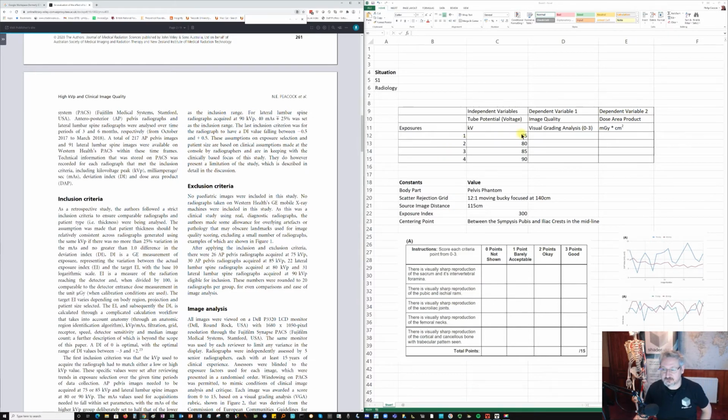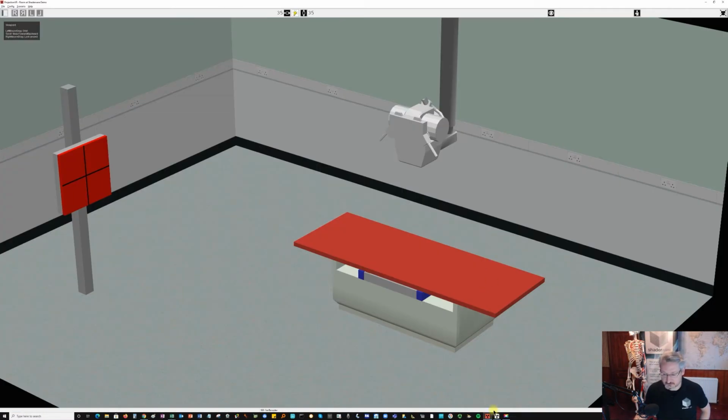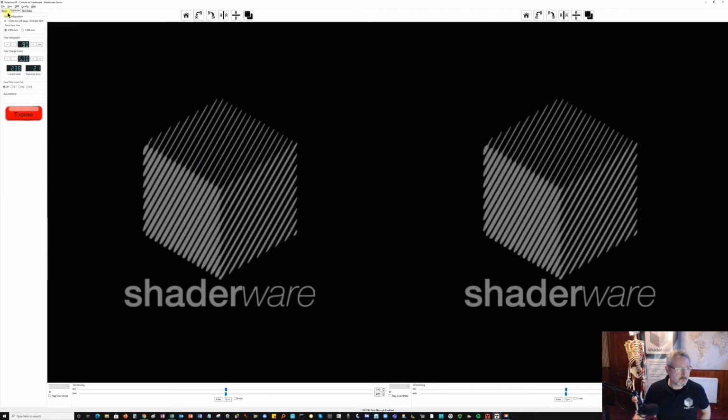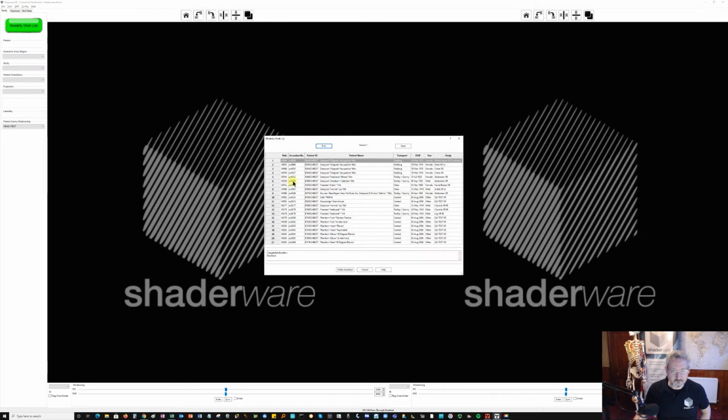So we're going to do a pelvis, 75 kV, in the bucky, 115 centimeter source image distance. So very quickly, we'll pick up somebody for a pelvis. It doesn't have to be.